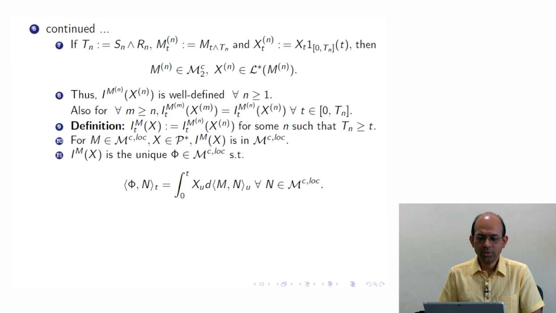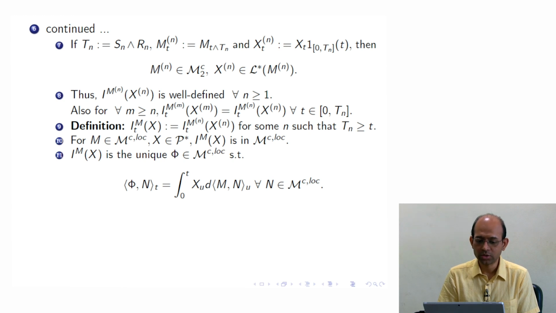Now there are some other properties. This property is also true for a special class which we have already seen earlier: the quadratic covariation of this stochastic integral with respect to another local martingale. In earlier discussion we had square integrable martingales everywhere, but now we have continuous local martingales.